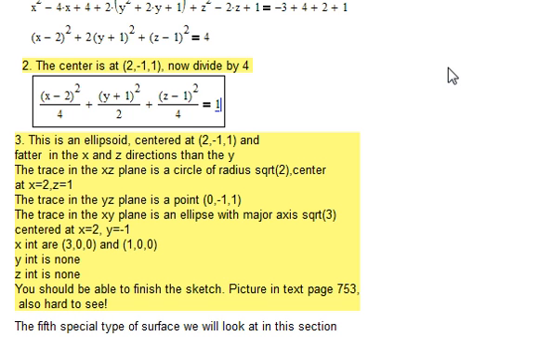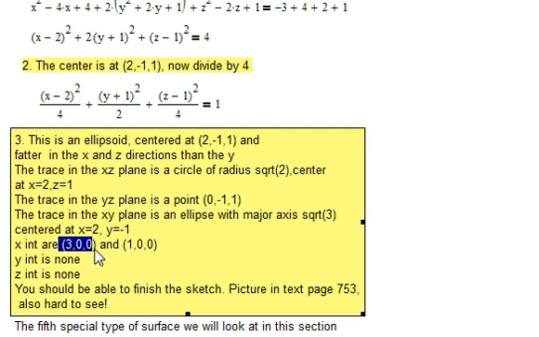So we get x minus 2 squared over 4 equals 1 over 4. So x minus 2 squared equals 1. And if you solve x minus 2 squared equals 1, you'd have x minus 2 equals plus or minus square root of 1. So x minus 2 equals plus or minus 1. Add 2 to both sides. x equals 2 plus 1, this one. x equals 2 minus 1, this one.